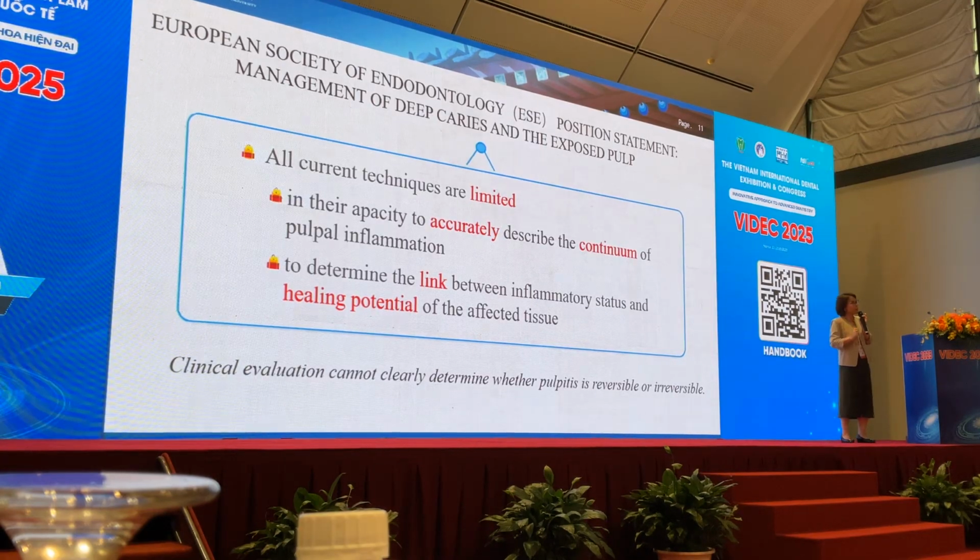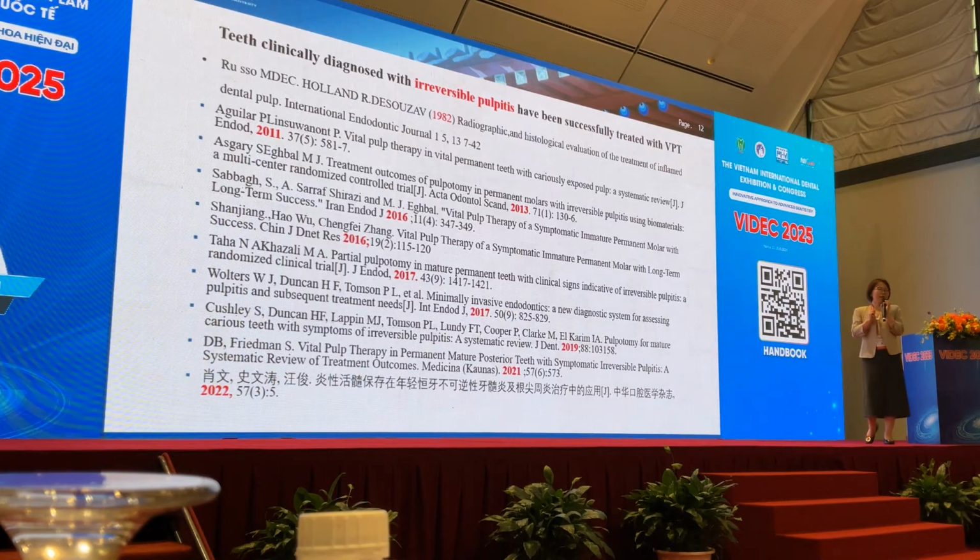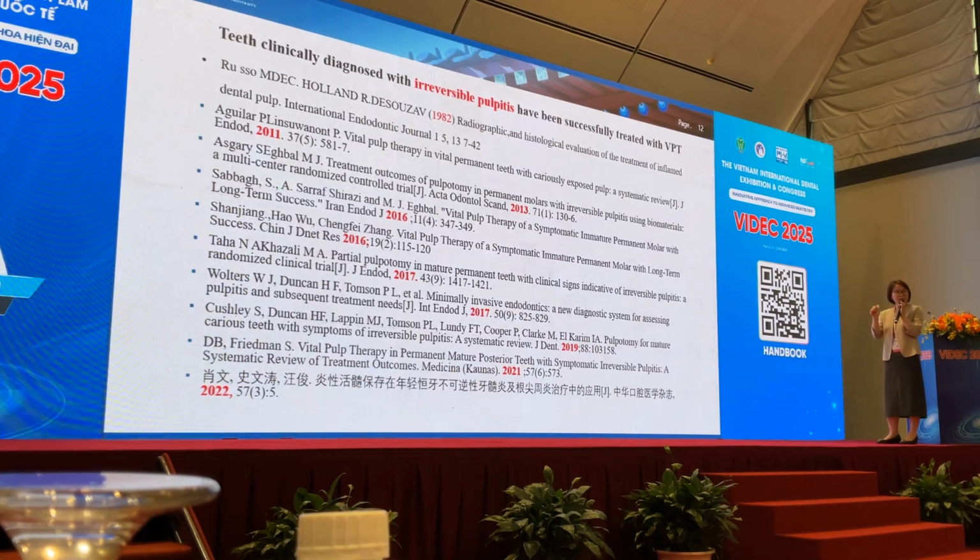And more important, up to now, more and more evidence has been published to show that teeth with a clinical diagnosis of irreversible pulpitis have been successfully treated with white pulp therapy.